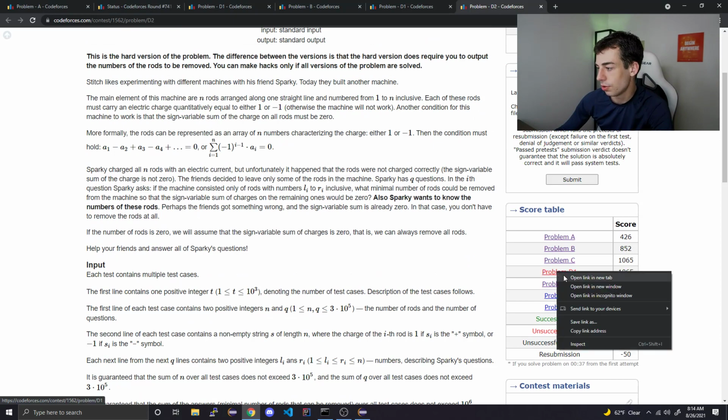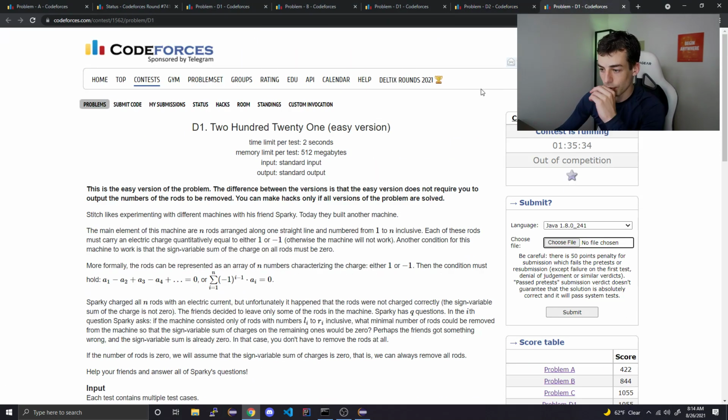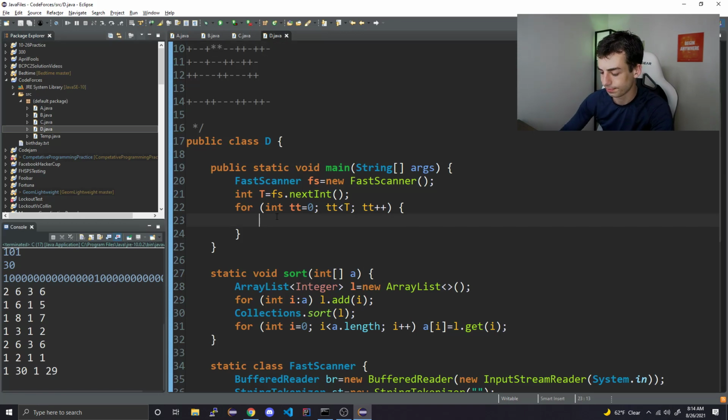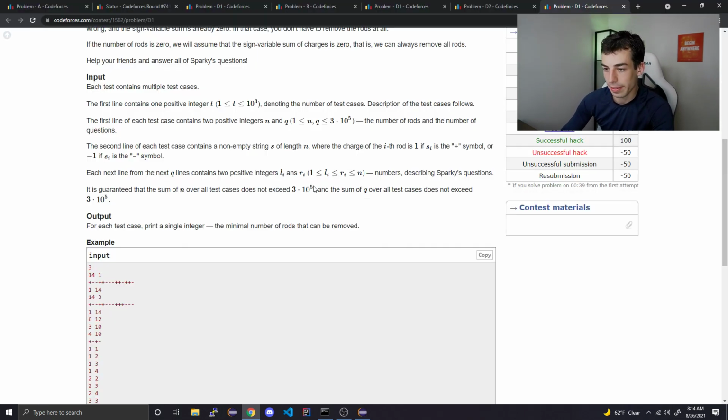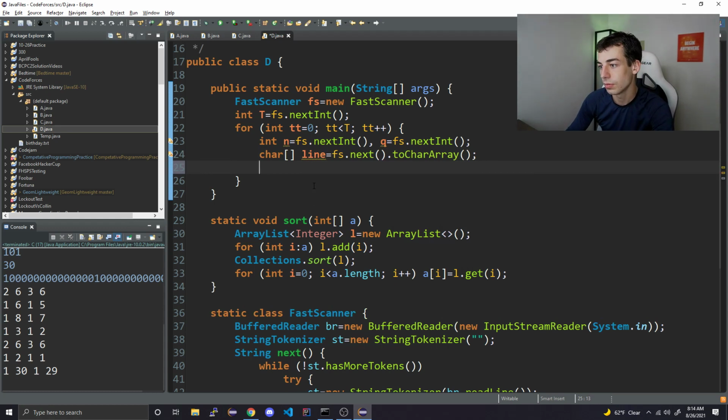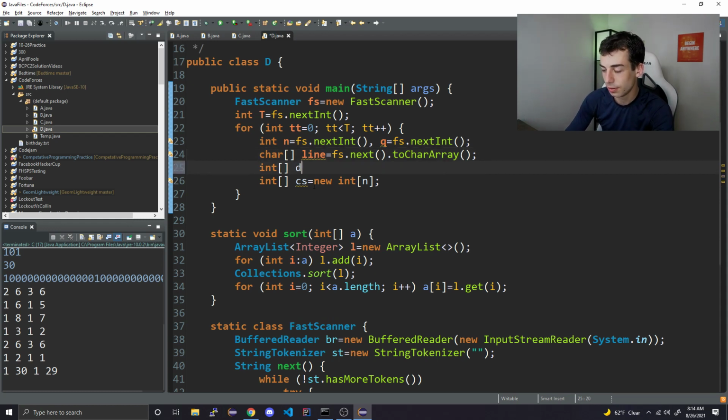Yeah, let's just solve D1 first, and that should be pretty easy. So for D1, the parity of things doesn't even matter at all, right? So we can just handle that pretty quickly. And then we want char array line equals this dot char array. And then int array cs equals new int array n. So I guess int array delta, but let's just make a.